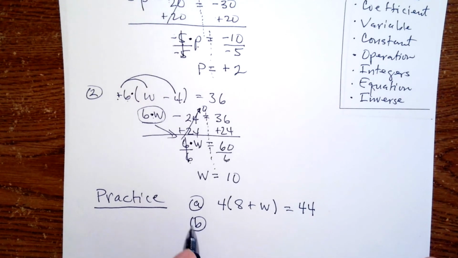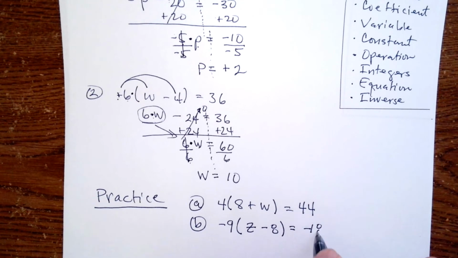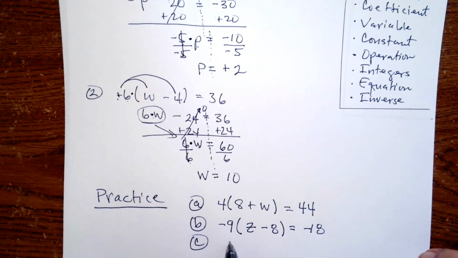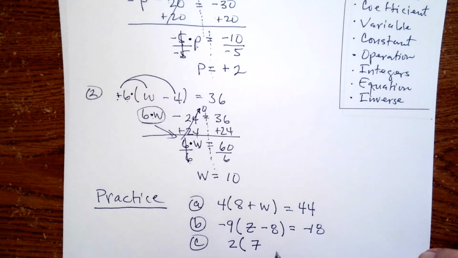Next one, negative 9 times Z minus 8 is equal to negative 18. And the last one, I'll just give you 3. How about 2 times the quantity 7 plus R is equal to 24.